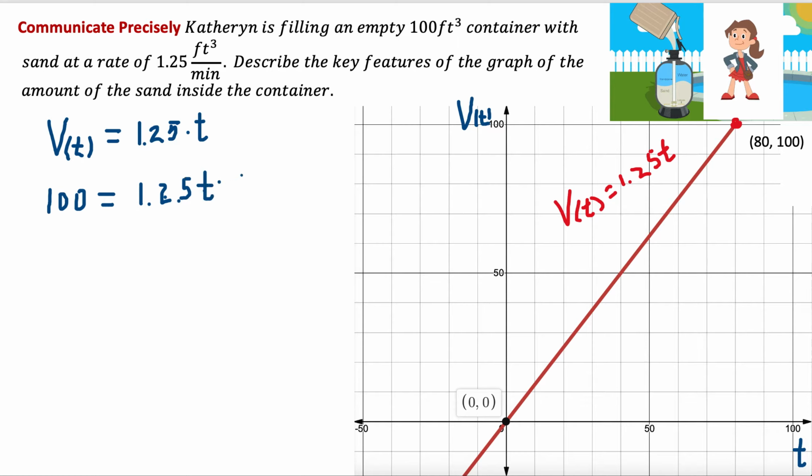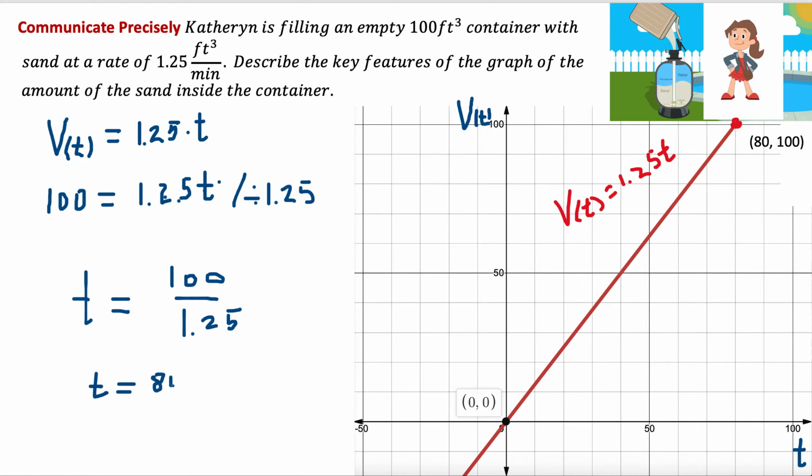And because we want to solve for t, everything can be divided by 1.25. And t is equal to 100 divided by 1.25, and t is going to be equal to 80, 80 minutes, because here the rate is cubic feet per minute.